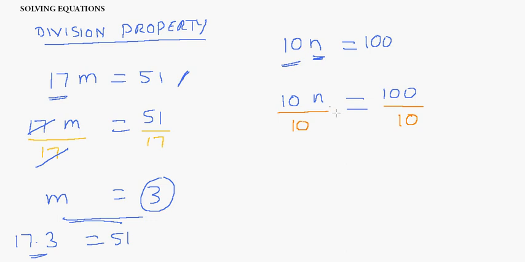Dividing by the same number on either side of the equation will not change the solution of the equation. 10 and 10 get cancelled. n equals 100 divided by 10, which is 10. Therefore n equals 10 is the solution of the original equation 10n equals 100.